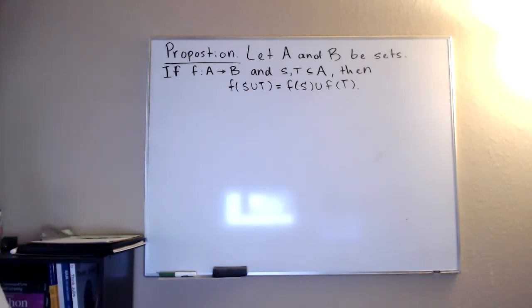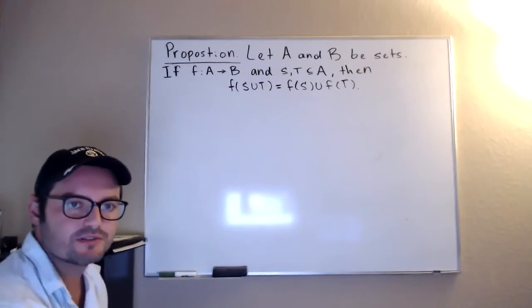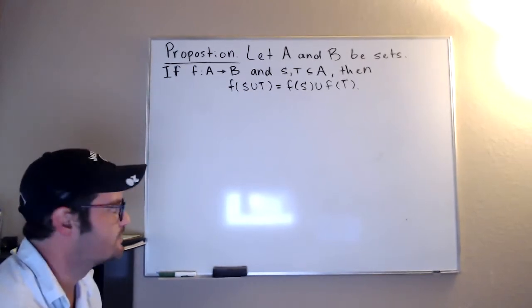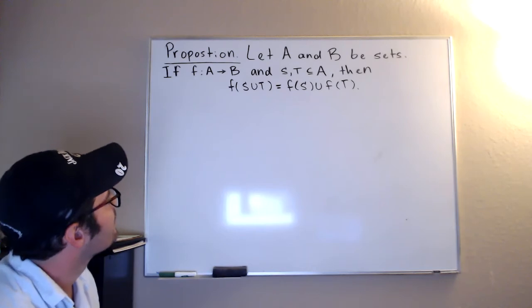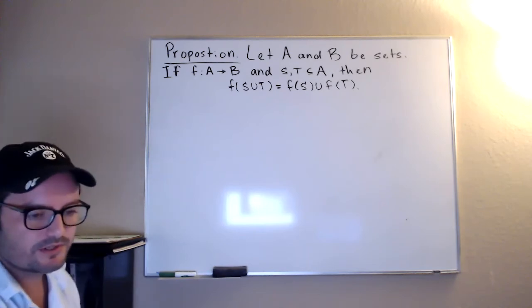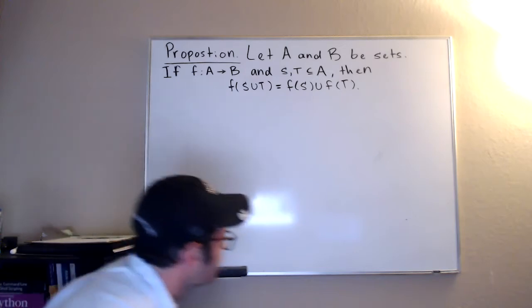All right, so again, we can't string together any equivalencies here. We're going to have to prove it using an element argument. So let's get a sense of what this looks like by drawing a picture.